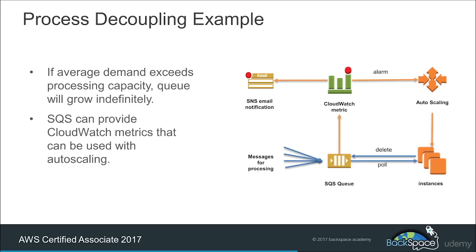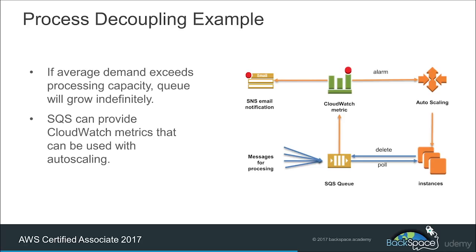And by doing that, we are going to have an optimized solution, optimized from performance and optimized from cost as well. The way we would do that is that we could set up a CloudWatch metric that would be based upon the length of the SQS queue. So if we get to a point where the SQS queue builds up too much, then we can have an alarm that triggers an auto-scaling event to scale out and add instances to our auto-scaling group. But at the same time, we don't want too many instances when the demand goes down.